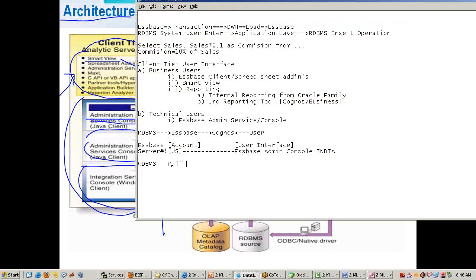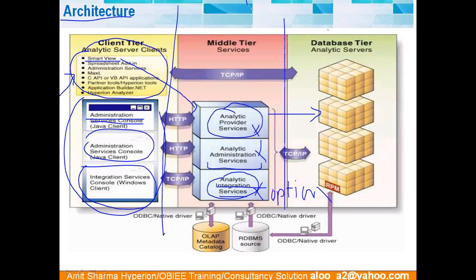When you pull data from an RDBMS and push it into Essbase, this could be done using Integration Services. And then finally you have the database tier. The database tier is your Essbase Cube.